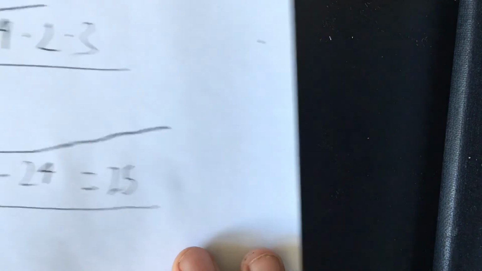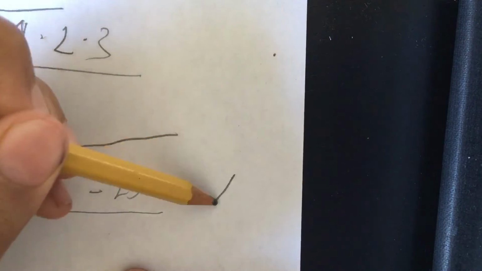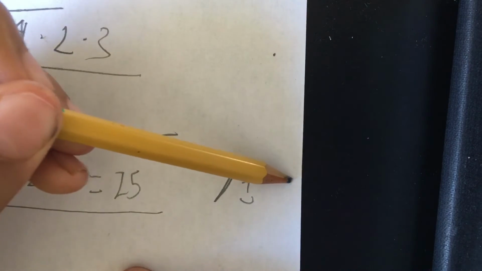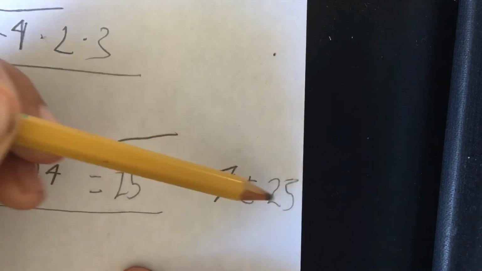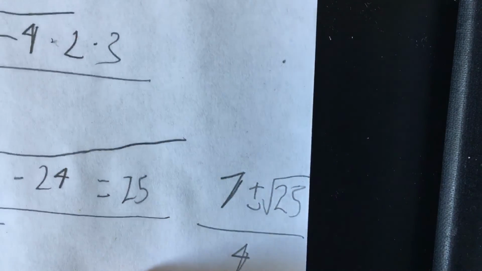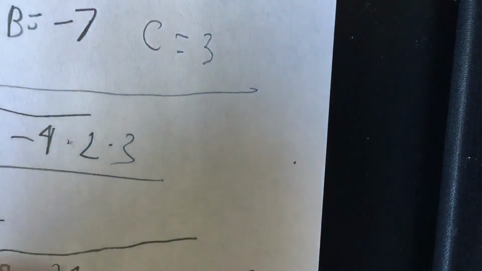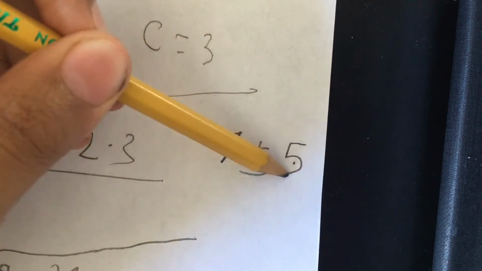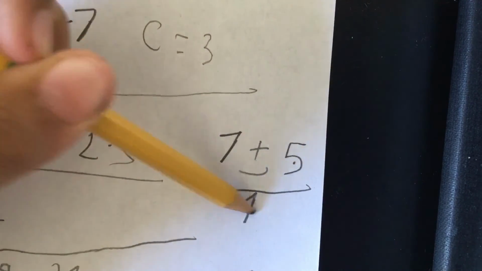So if we simplify this even more, our equation is going to be 7 plus or minus the square root of 25 over 4. And we all know the square root of 25 is going to be 5. So now we got 7 plus or minus 5 over 4.